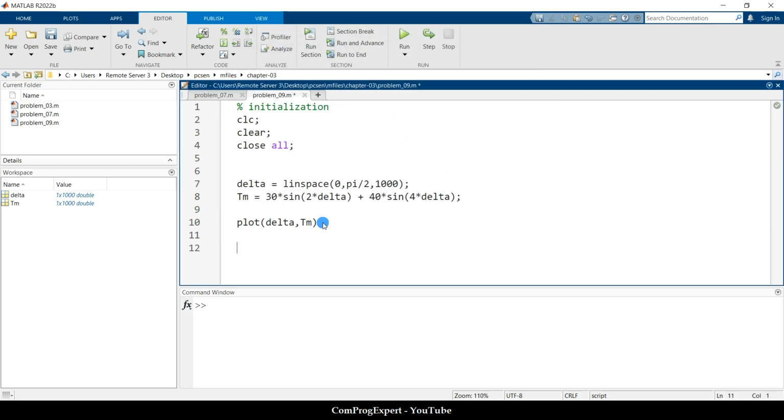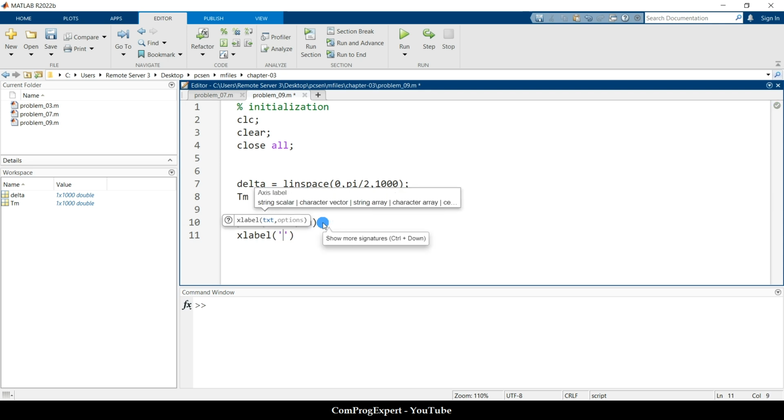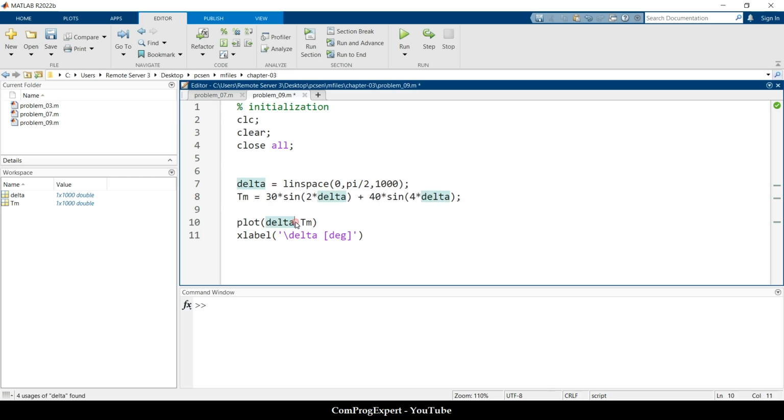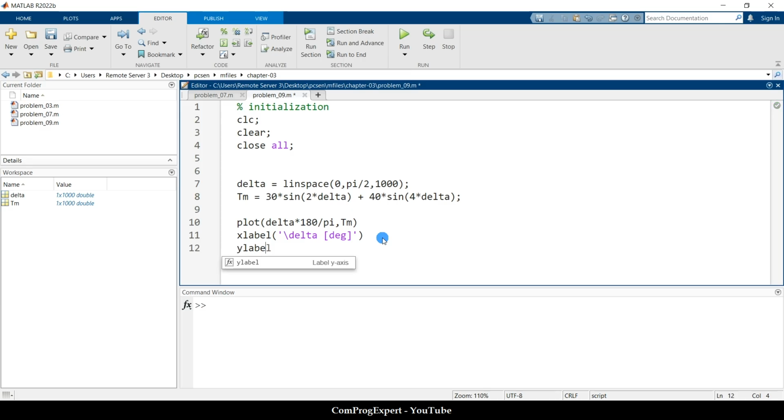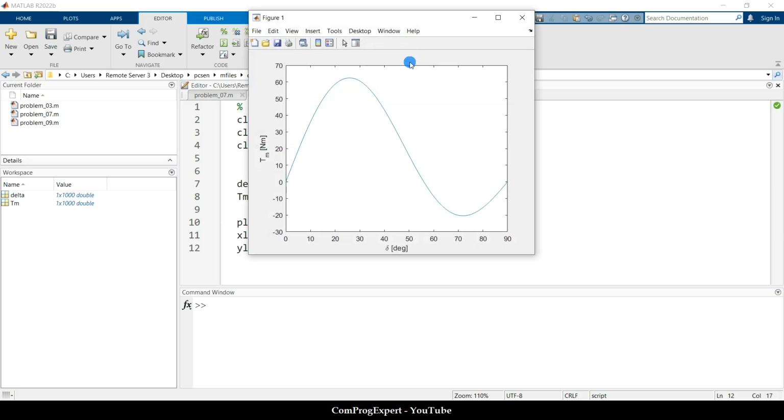You know that the X label is the initial position of the rotor, delta. We can have it in degrees or radian. In degree, let me multiply this by 180 divided by pi. And the Y label is the magnetic torque, Tm. The unit is Newton meter. So let's run the code again.